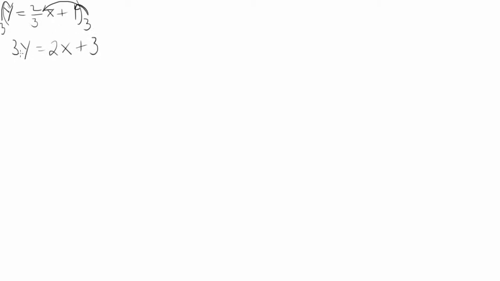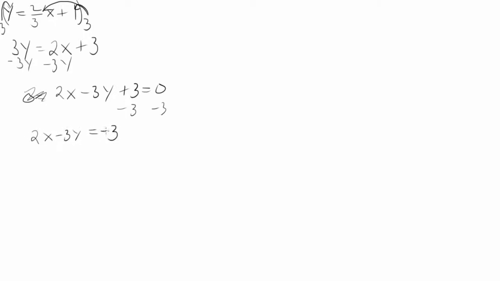Now if I move the y over, if I subtract 3y from both sides, I get 0 is equal to 2x minus 3y plus 3. And it's the same thing as if I put the 0 over here, and then if I subtract 3 from both sides, I get 2x minus 3y is equal to negative 3.